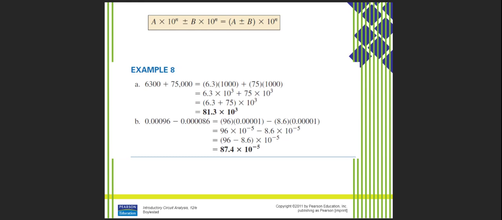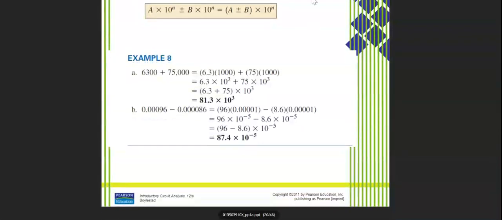First you have to convert your number to some a multiplied by 10 power of something. For example, in here, 6300 will be 6.3. We usually convert it to one number, point something, so it has one exact number.